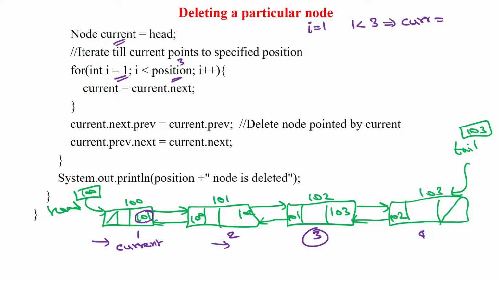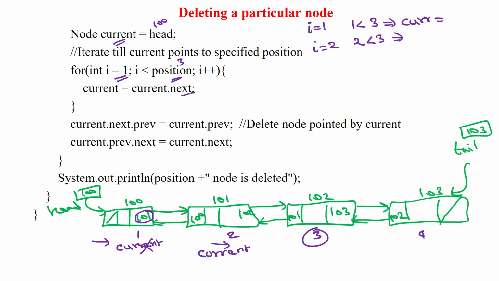What is the current dot next? 101. Now current value is 100. Okay, this 100 is updated with 101. So current is now 101. Then iteration number 2, i is incremented to 2, less than position 3. Yeah, condition is true.